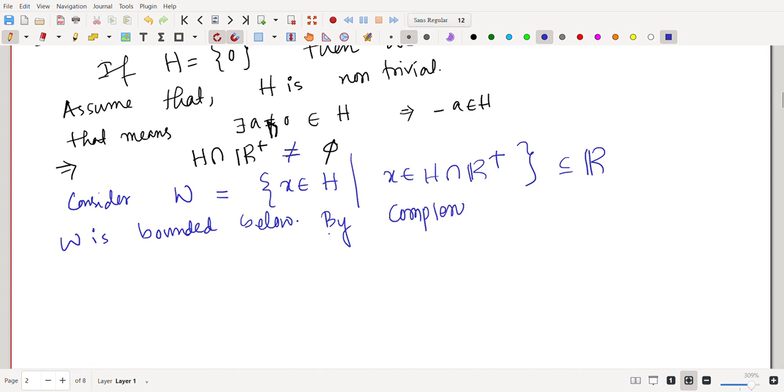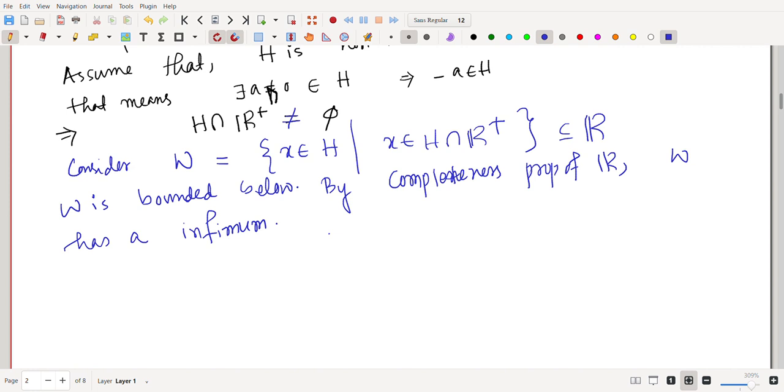By the completeness property of R, W has an infimum, right?